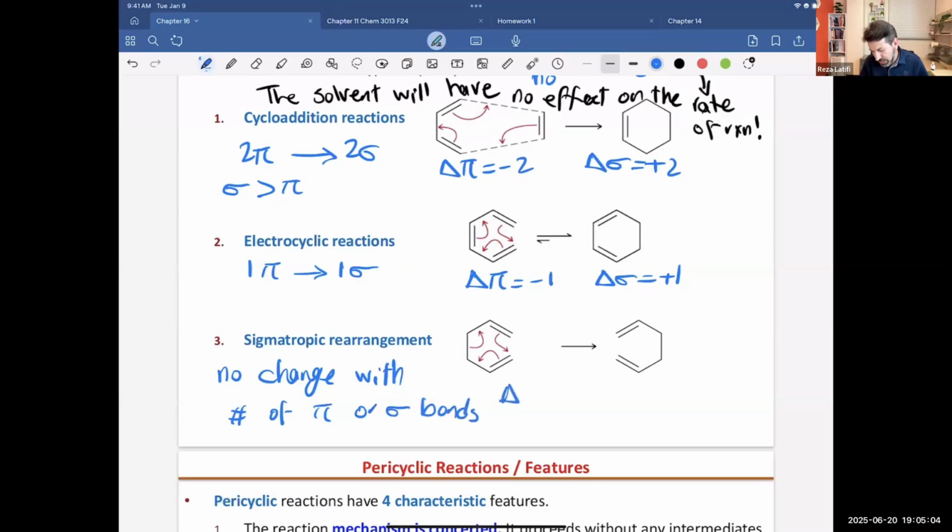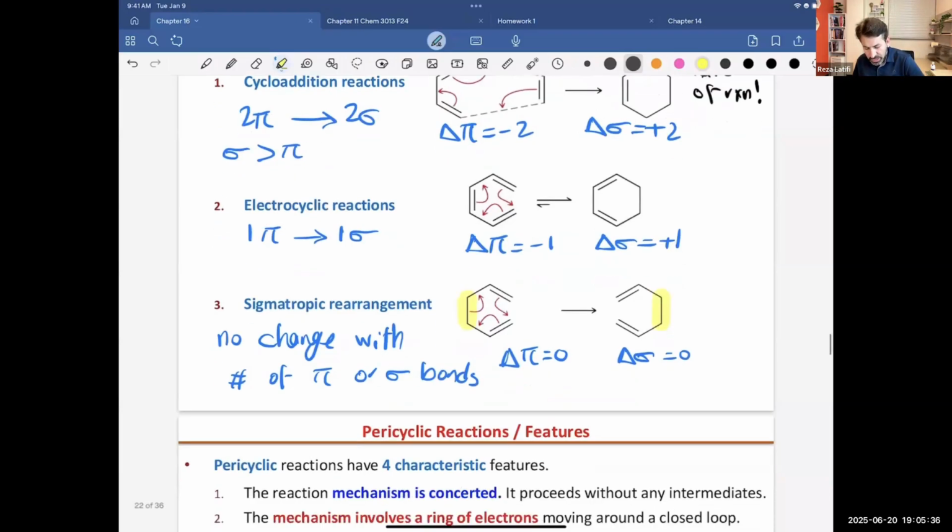So the change with pi is 0. We had two pi bonds and we got two pi bonds. How about sigma? The change with sigma is also 0. The only thing that happened is that we moved the position of the double bonds. As you see here, on the left side we used to have a sigma bond. Now the ring kind of flips, and the sigma bond goes to the right side.